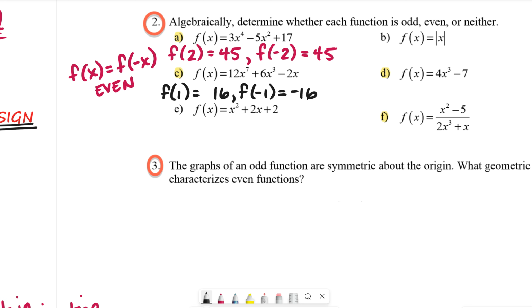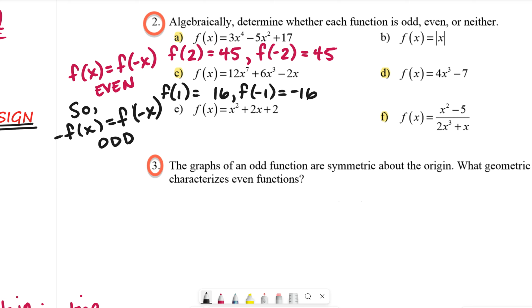We notice that the numbers are identical but opposite in sign. So I have proven that f of x is going to be the same as negative f of -x. So that is an odd function.